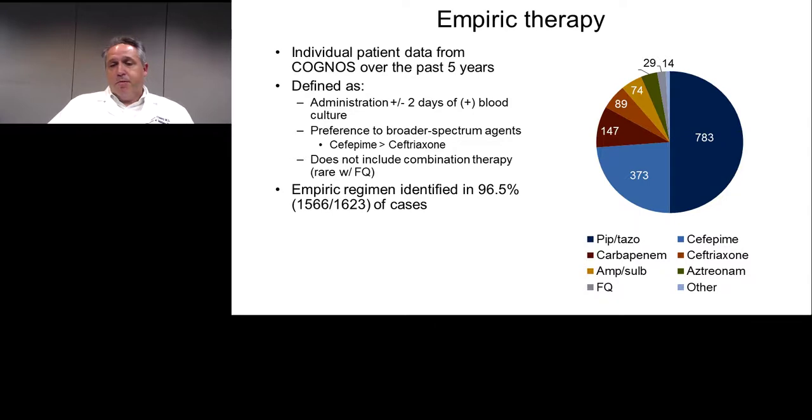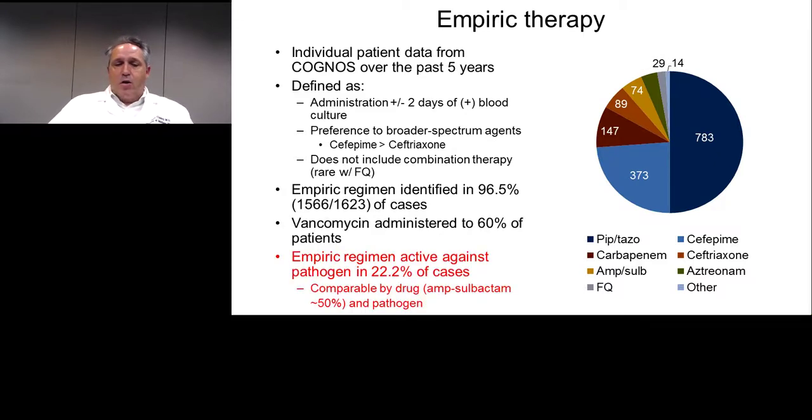So for the most part, people empirically are getting broad spectrum Pseudomonas active gram-negative agents. 60% of patients then are also administered vancomycin empirically. And if we actually then look at how we're doing with our empiric choices, in fact, we're not covering the pathogen that's ultimately identified in about 20 to 25% of patients. So we're using big gun antibiotics, and about a quarter of the time, even with that, we're missing the pathogen that's ultimately identified.